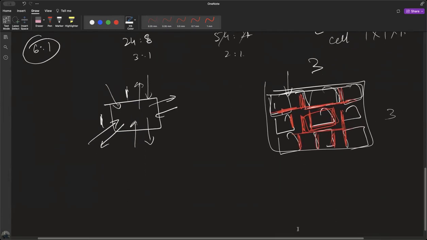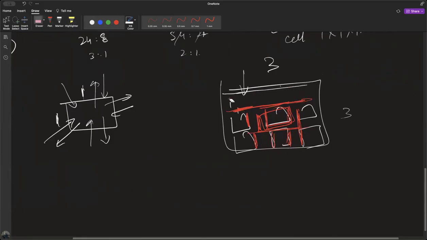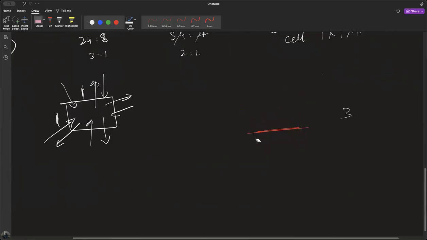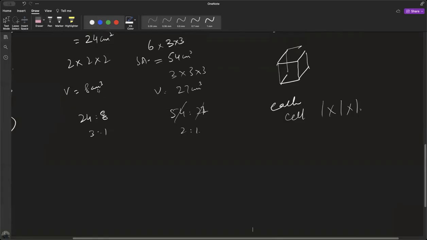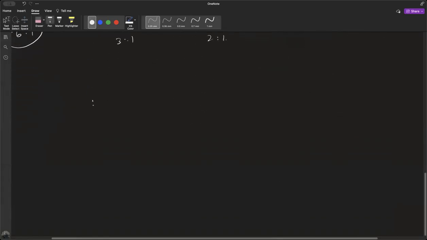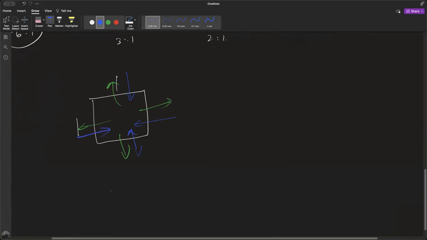Or should I make it again? Let's make it again even more clearly. This is a cell of 1 by 1, easily able to exchange material outside and inside from the surroundings.